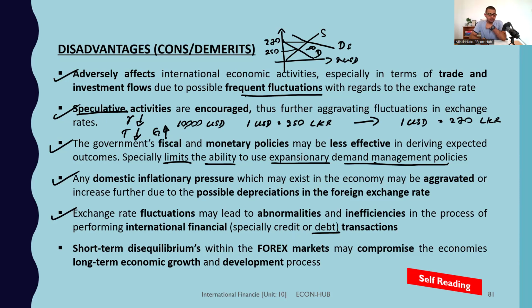I'm trying to recall the name of the university. It slips my mind. If I'm not mistaken, Johns Hopkins University in the USA. There's a very famous economist called Steve Hanke. This person prepares these indexes. One index shows how different currencies in the world are performing.